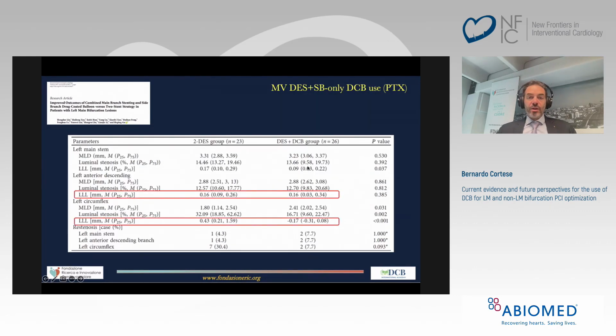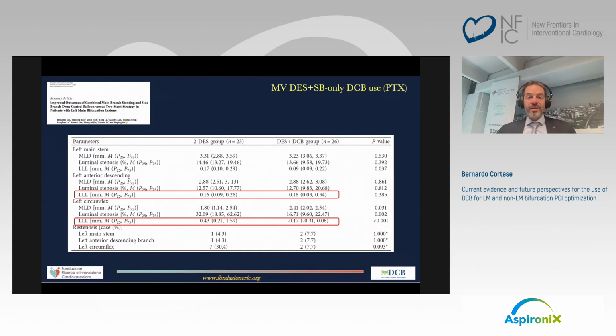However, if you look at the outcome during angiographic follow-up, late loss in the main vessel is the same, but in the side branch, DCB minus 0.17 versus 0.43 in the two-stent. This is the area where a two-stent strategy is associated with a worse outcome.